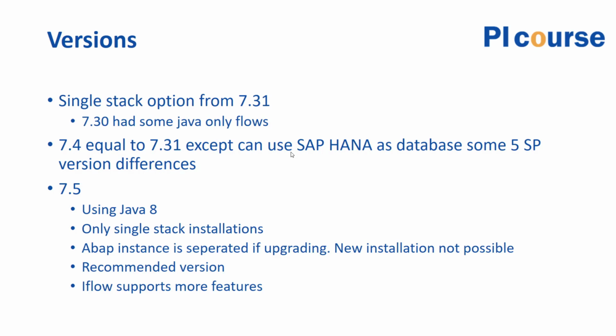It started as the single stack option, where you were able to only install a Java system, from 7.31, 7.30 enhancement package 1. I think in 7.30 and maybe in 7.11 there were some options for running scenarios only in the Java systems, but it was not possible to install a full system, and I haven't seen it used that much.